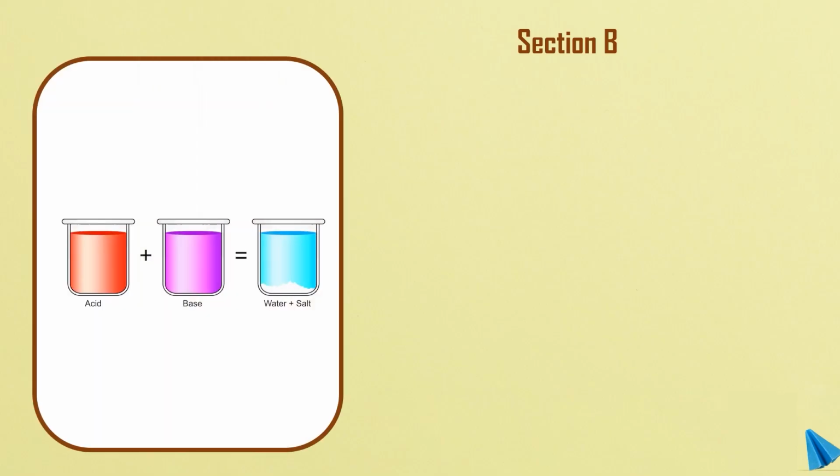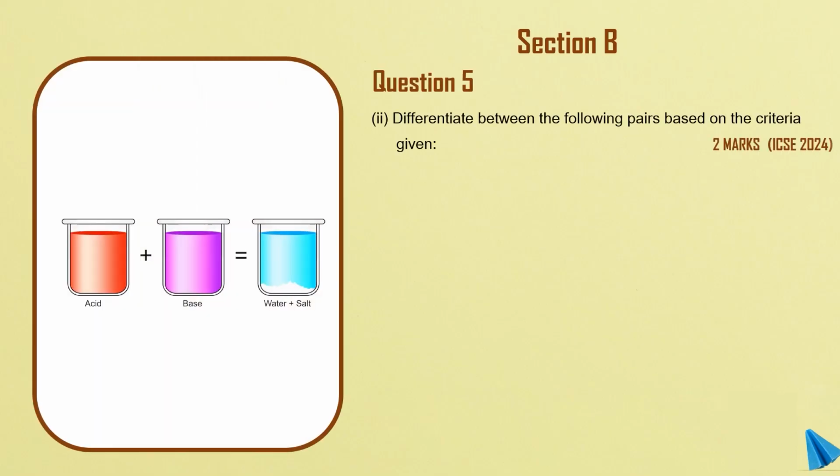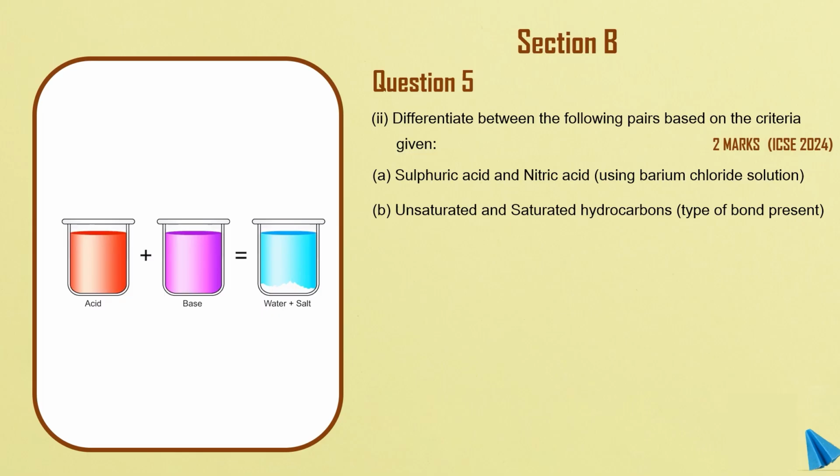Let us see a new question. Differentiate between the following pairs based on the criteria given. Sulfuric acid and nitric acid using barium chloride solution. Unsaturated and saturated hydrocarbons, type of bond present.